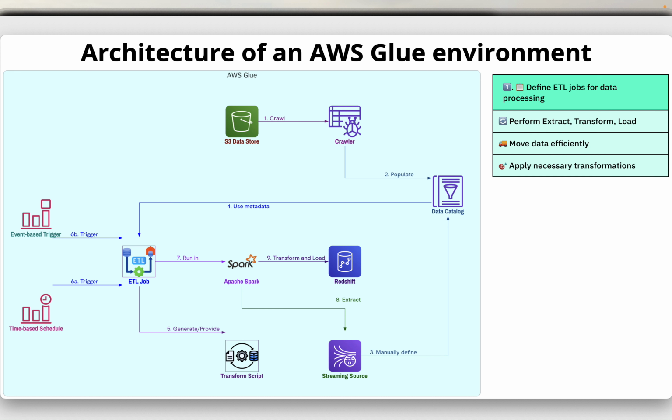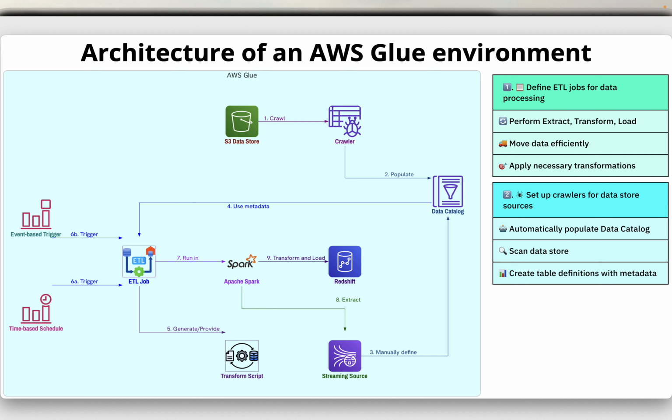So you start with a crawler to automatically populate the Glue data catalog. So catalog is something like a metadata repository. The crawler scans the data store, creating table definitions in the data catalog, and include metadata about the structure and location of your data. When working with streaming data sources, you need to manually define the data catalog tables.